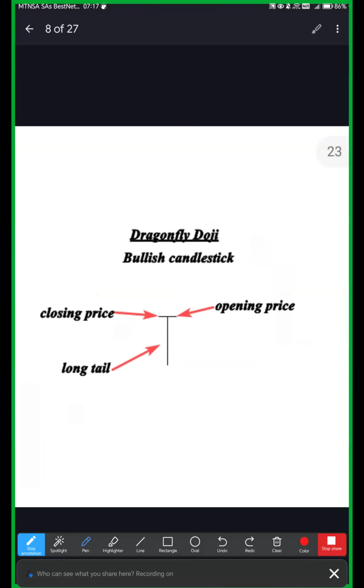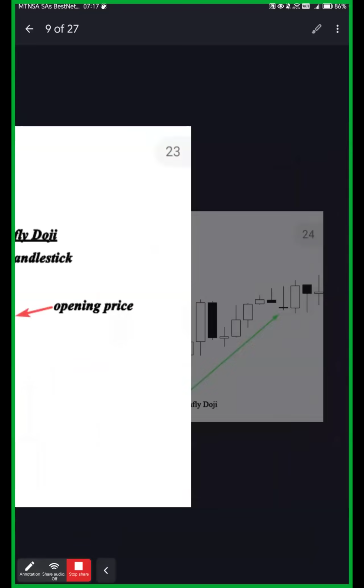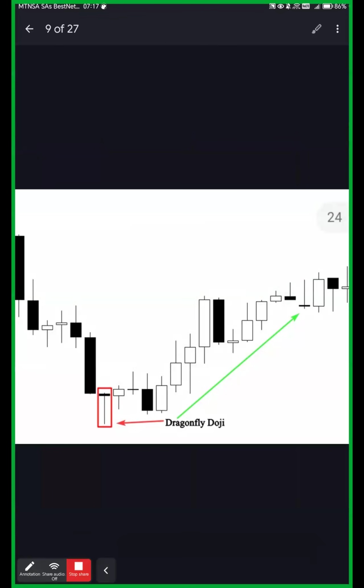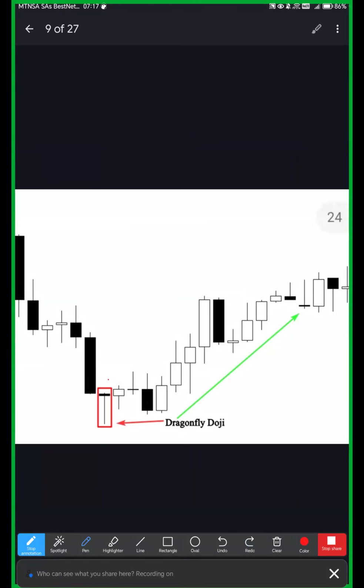All right. Yes. So you will see something like this when you go to your TradingView. So this is a doji. Can you see a doji, which is a dragonfly? Remember, we are looking at classes of dojis now. So this is a dragonfly doji, which is a bullish doji.